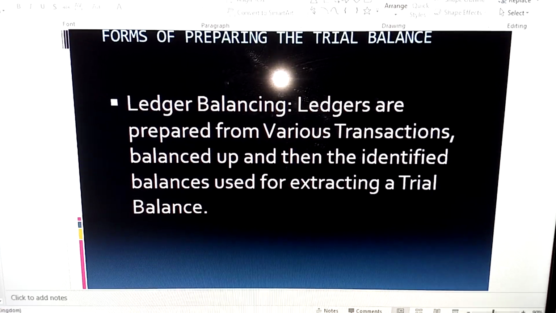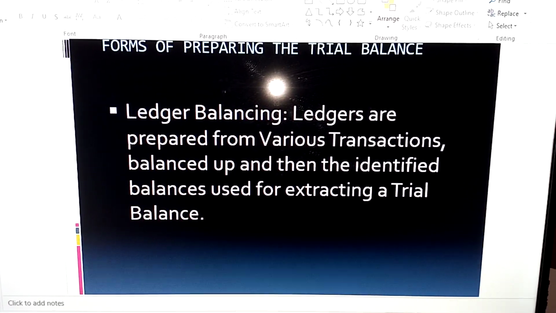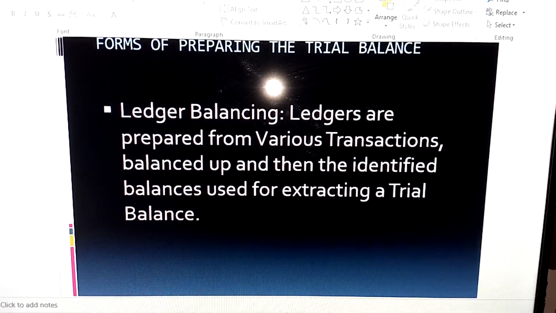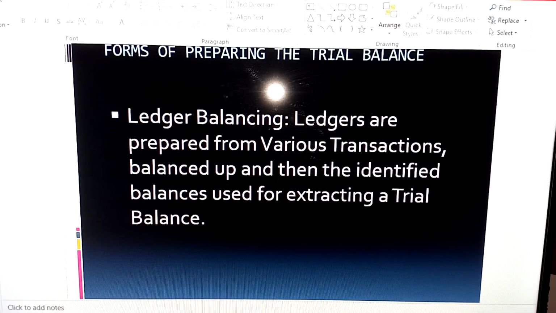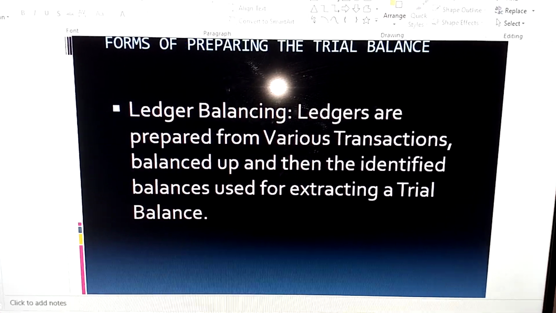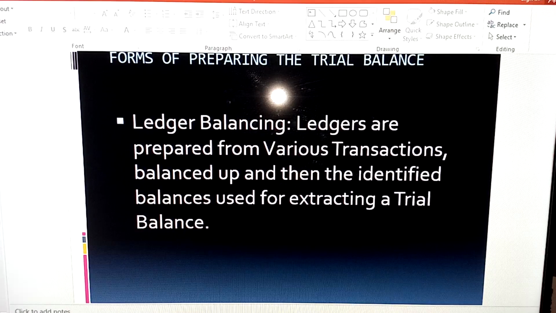Totals. Now, by ledger balancing, we are trying to pass the information that ledgers are prepared from various transactions, balanced up, and then the identified balances used for extracting a trial balance.